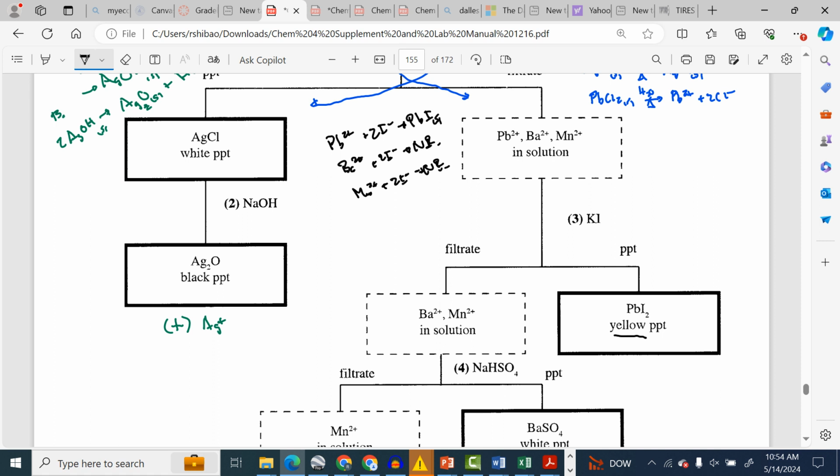So as long as we see the yellow precipitate here, we're done. The yellow precipitate there means we tested positive for lead. So we wash any residual supernatant over into the solution over here, and we're left with barium and manganese.